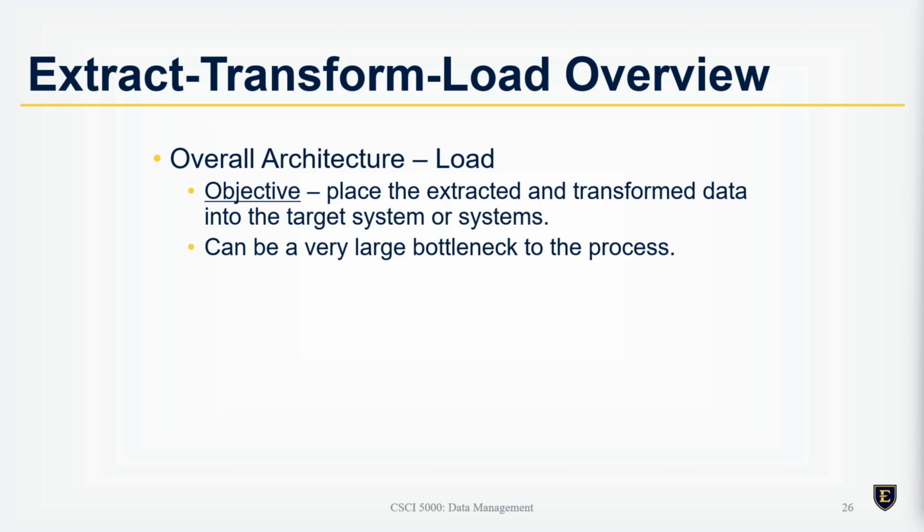This can be the largest bottleneck to the process because it takes a lot of time to move data from one system to another, especially across a network. And that's why you might want to use an incremental style rather than a full extraction, because it takes a lot of time, and that just adds additional time when you're moving data like that.